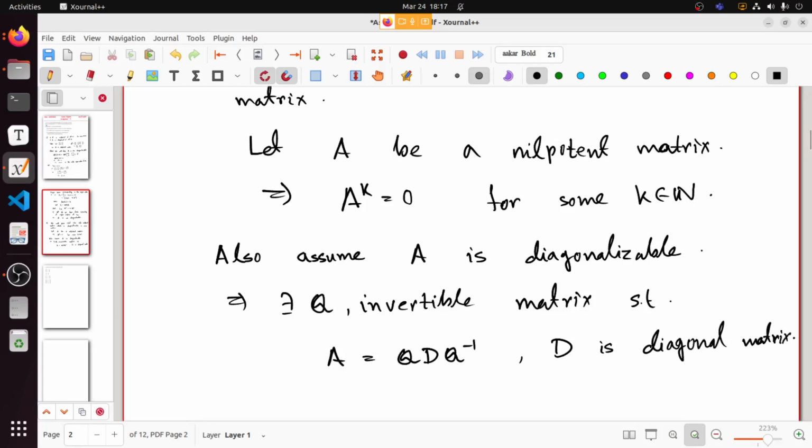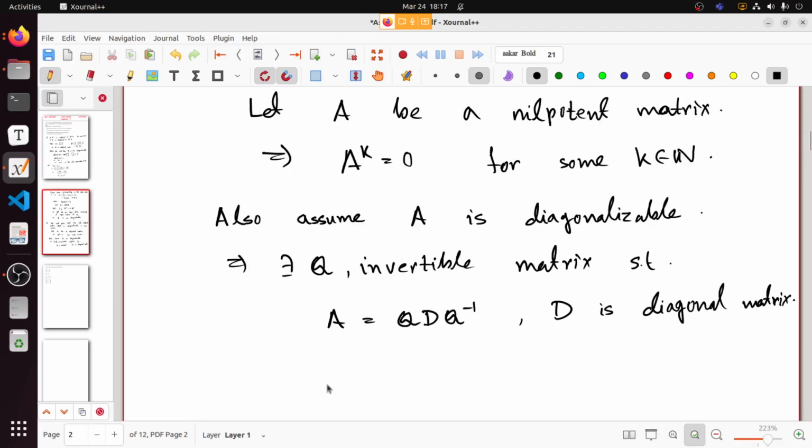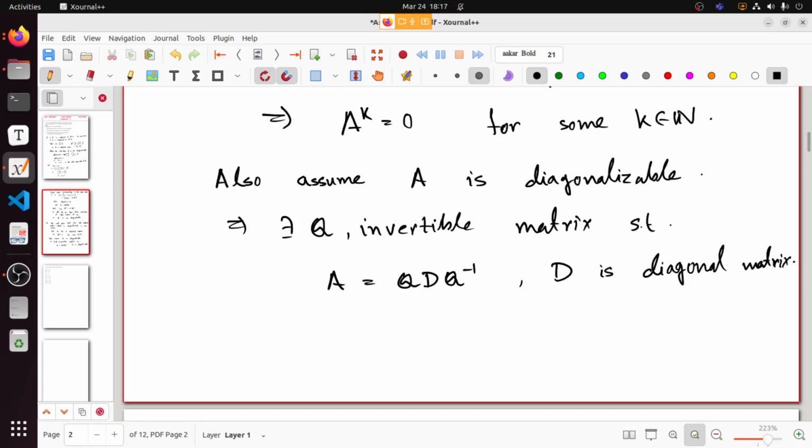Now take the kth power on both sides. If you square Q D Q inverse, A squared means Q D Q inverse times Q D Q inverse.